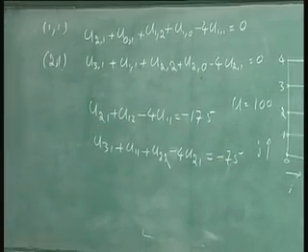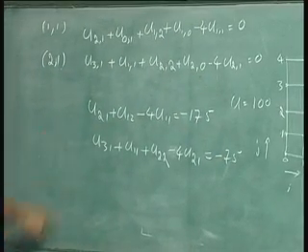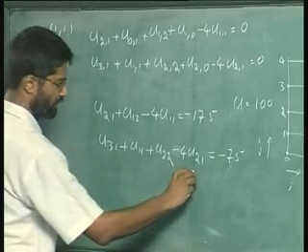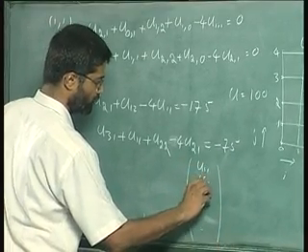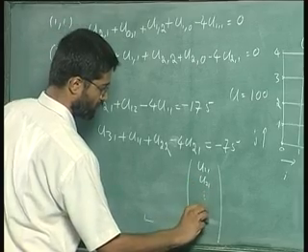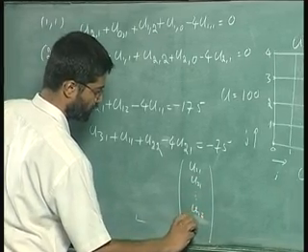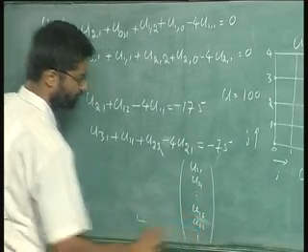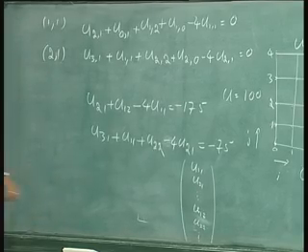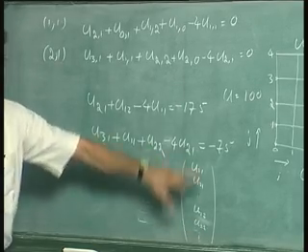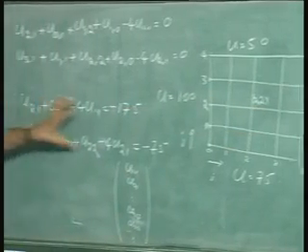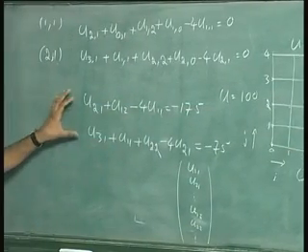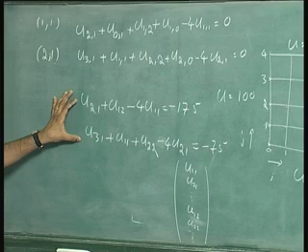With the unknowns, we can write them in a column matrix form: U11, U21, etc., and then U12, U22, etc. So we will have 9 such elements corresponding to temperatures at 9 points. Then we can write this in matrix form, but most of the elements in that matrix would be 0, as you can see.